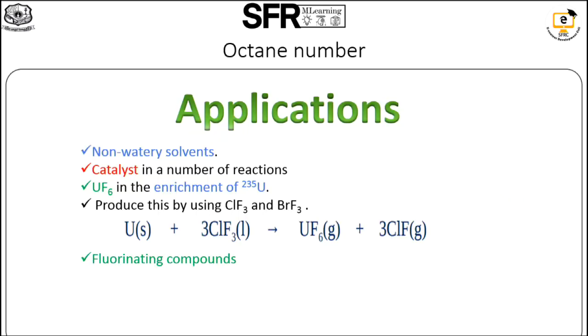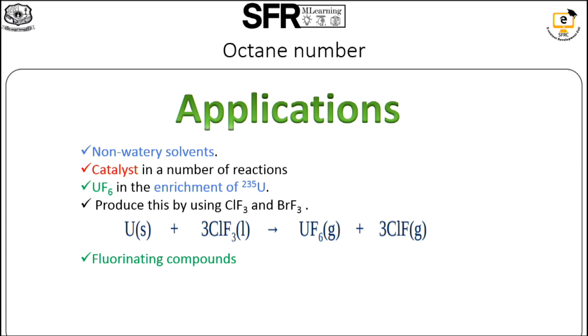Next we see the applications. There are various applications available for interhalogen compounds. The main application is that they act as non-aqueous solvents. That is, if a compound is not able to dissolve in water, it is mostly dissolved in an interhalogen compound, so it acts as a non-aqueous solvent.